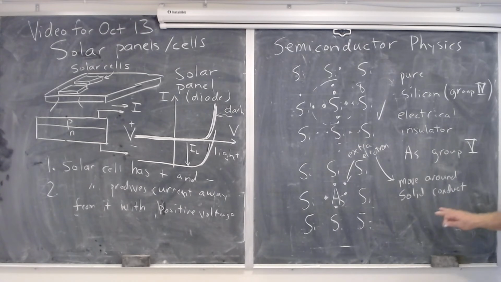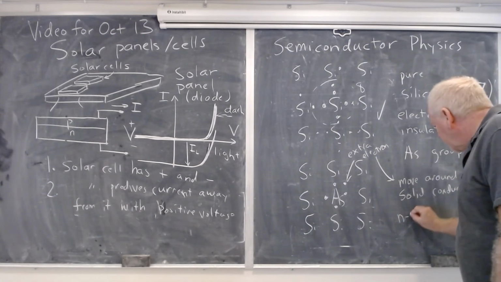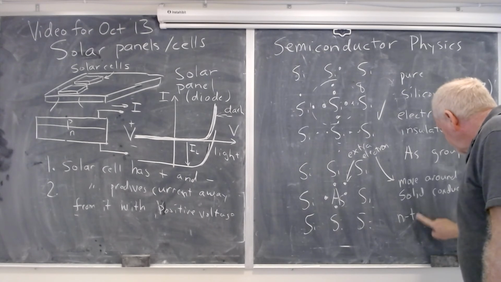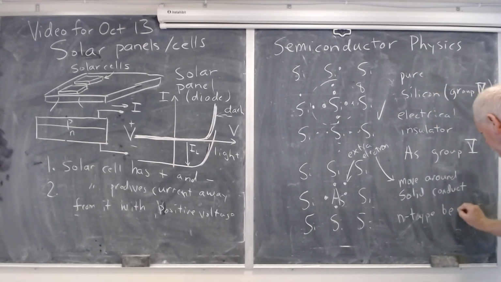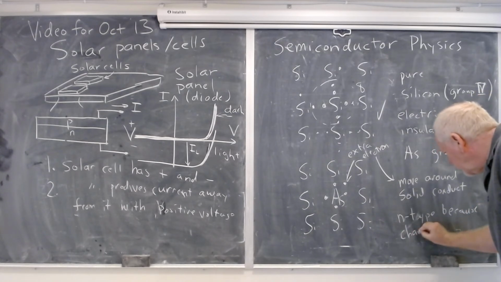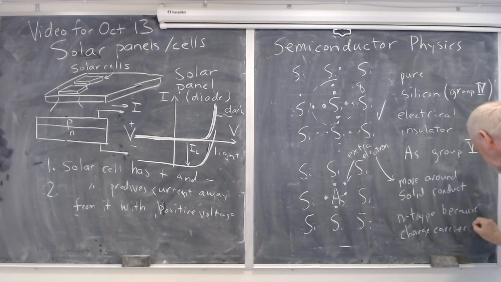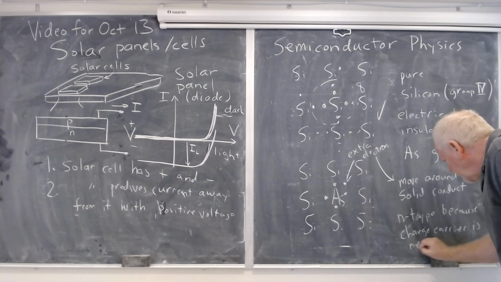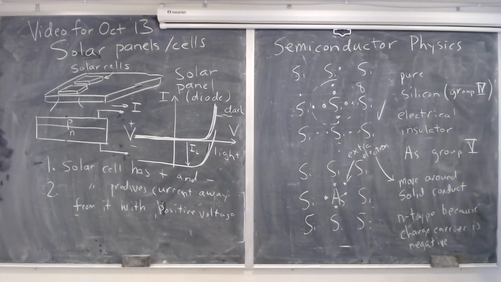Now, we're going to show in a minute p-type, but just jumping ahead, this is n-type because the charge carrier is negative. It's an electron.